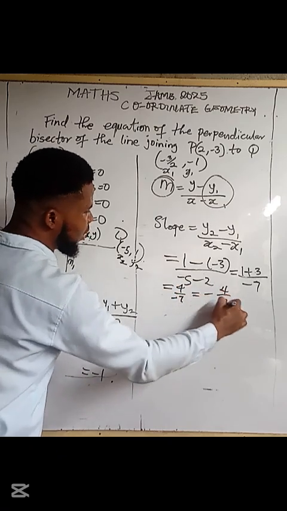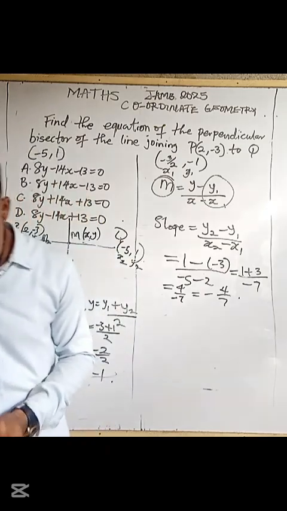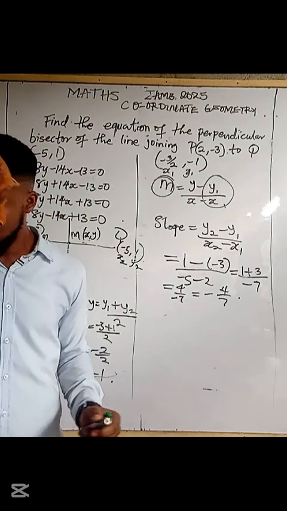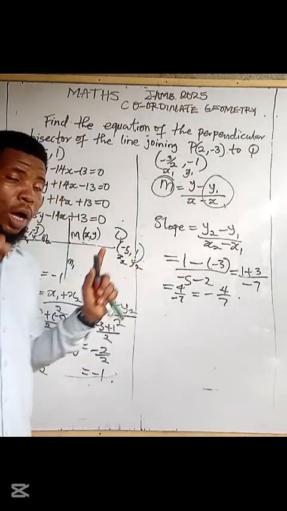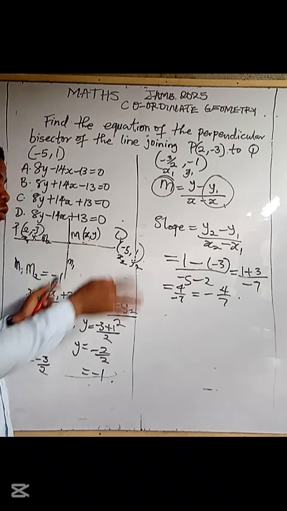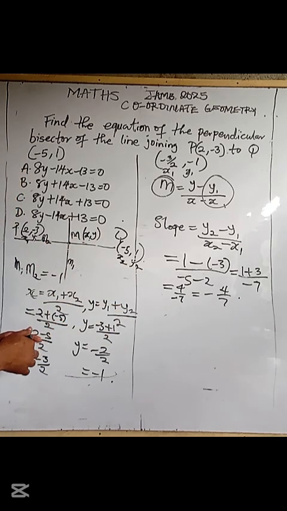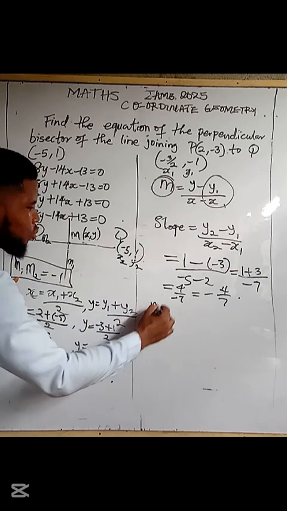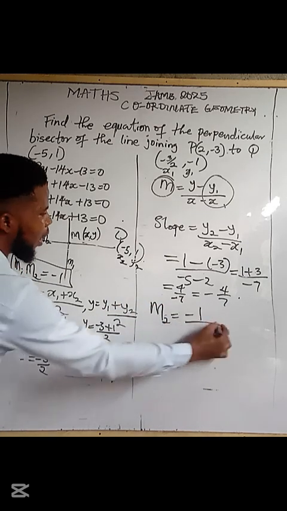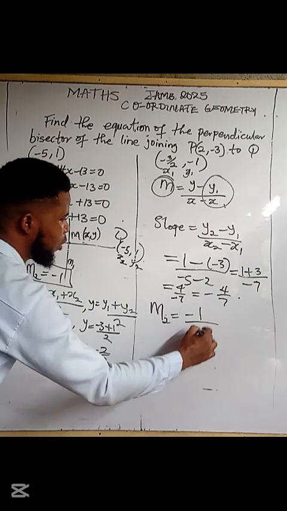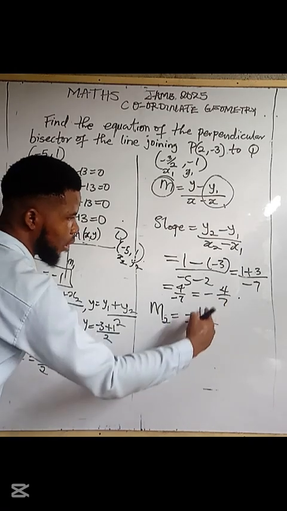This whole expression is minus 4 over 7. Now, remember, if you're looking for the slope of the second line, which is perpendicular, you have to engage the formula I introduced already. So, the slope of the second line will be minus 1 all over the slope of the first one. And the slope of the first one is minus 4 over 7.